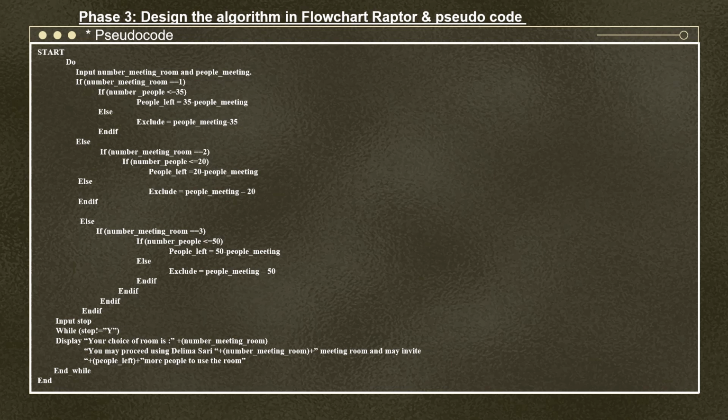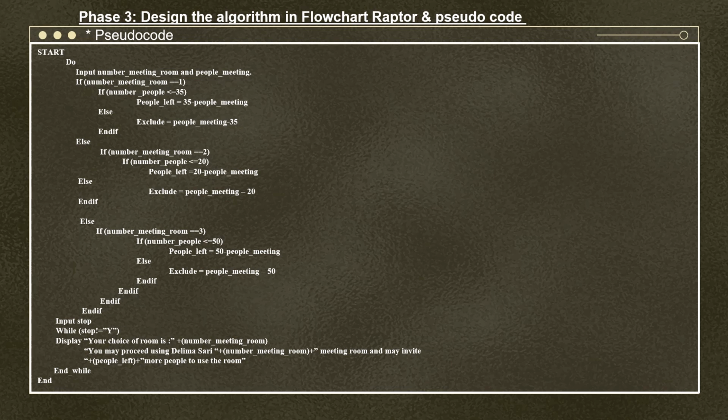If number meeting room equal 1, if number people less or equal 35, people left equal 35 minus people meeting, else exclude equal people meeting minus 35. And if.